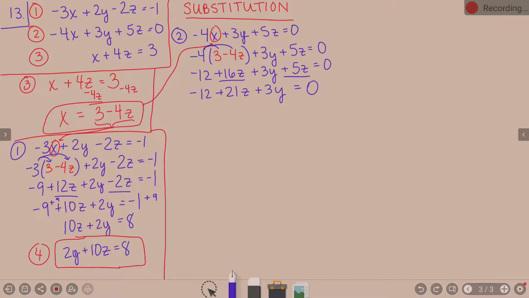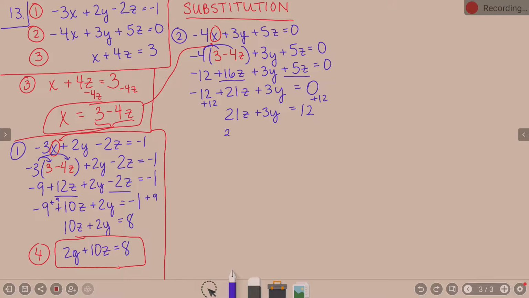We need to keep our variables together, move the constant, and so how do I move the negative 12? We add 12. If I add 12 on the left, add 12 on the right. So now the 12's cancel. 21z plus 3y equals 12. You can leave it like this, or since I flipped the last one, I should probably flip this one.